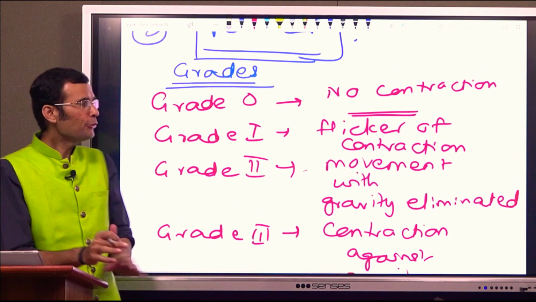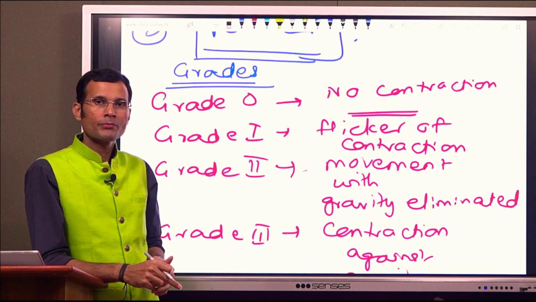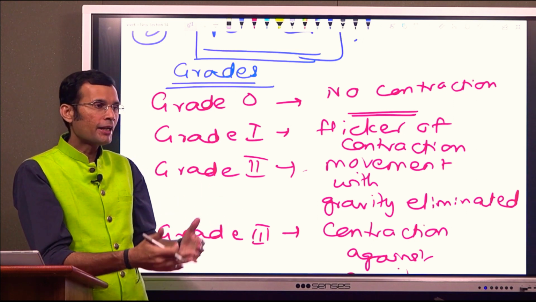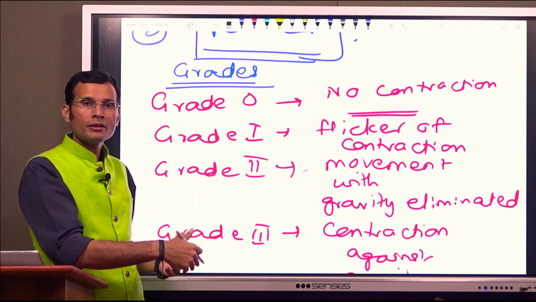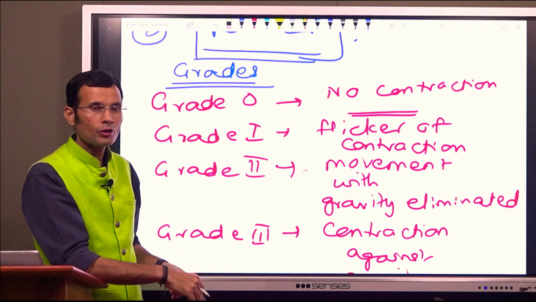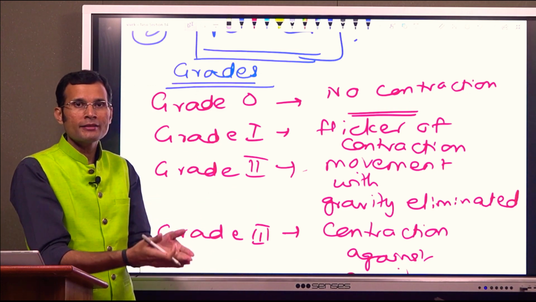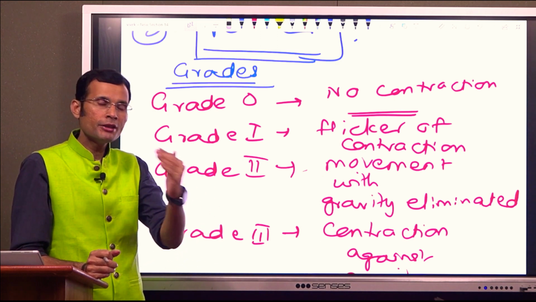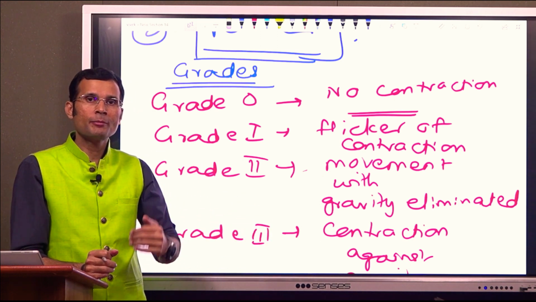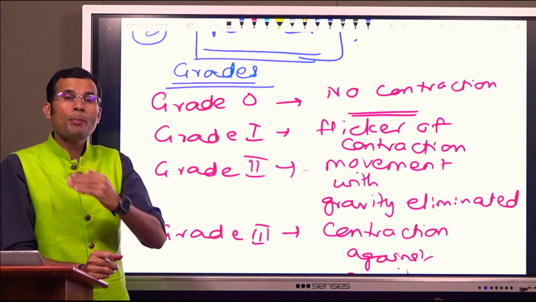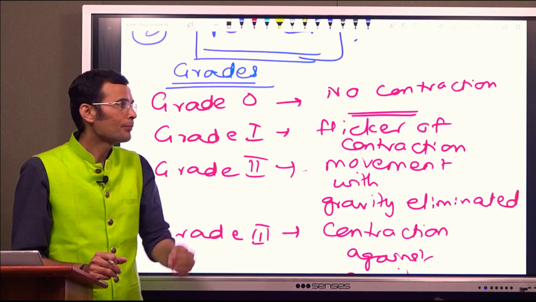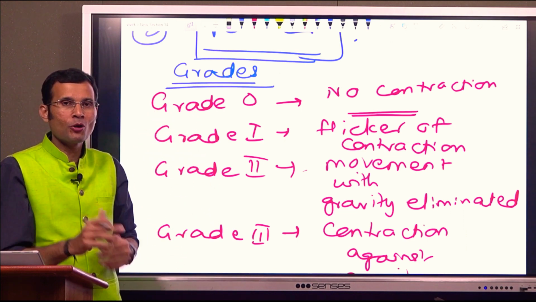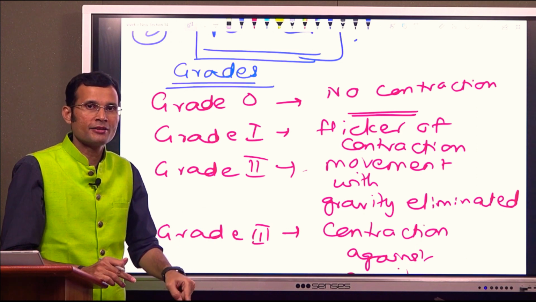Now, why do you have to know the grades of power? Obviously, the reason is when the patient came and he or she had a recent attack of hemorrhagic stroke, the patient will present with grade 0 power. But then with your treatment, with the physiotherapy and other aspects of treatment, subsequently the power is going to increase, right? It won't go from grade 0 to grade 5, or it won't become normal. It will go through these grades.